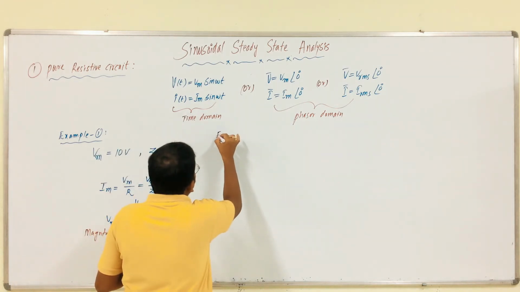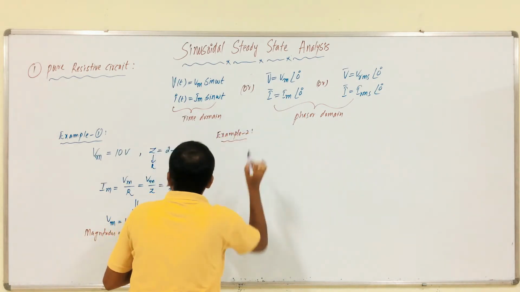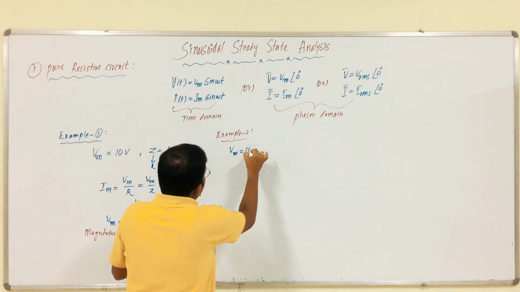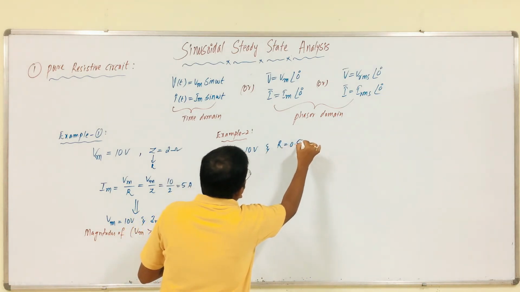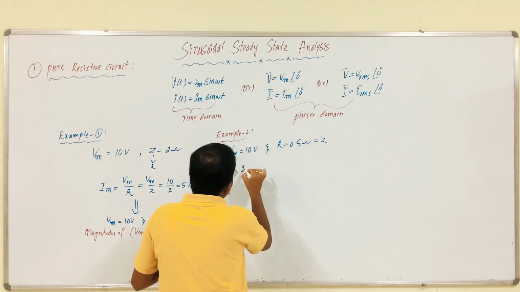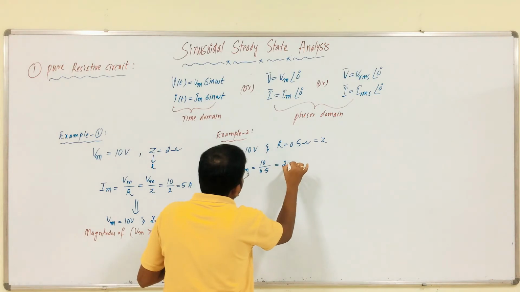Like that, here I am considering second example. Same, Vm is 10 volts and R is now 0.5 ohms, that is Z, right? From this, Im is 10 by 0.5, which is nothing but 20 amps.